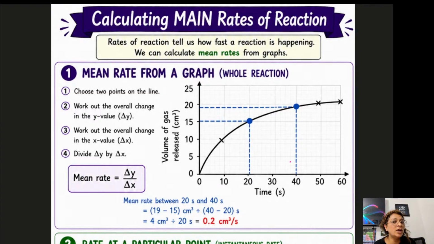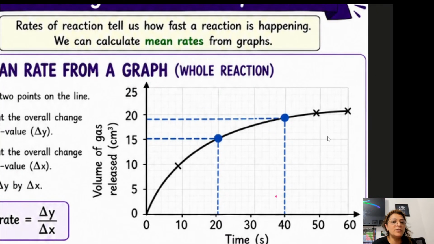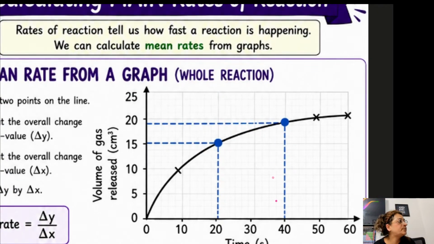Type in the chat, how would you work out the mean rate of this reaction if they give you a graph like this? Come on. Not sure? Nobody knows? Okay.